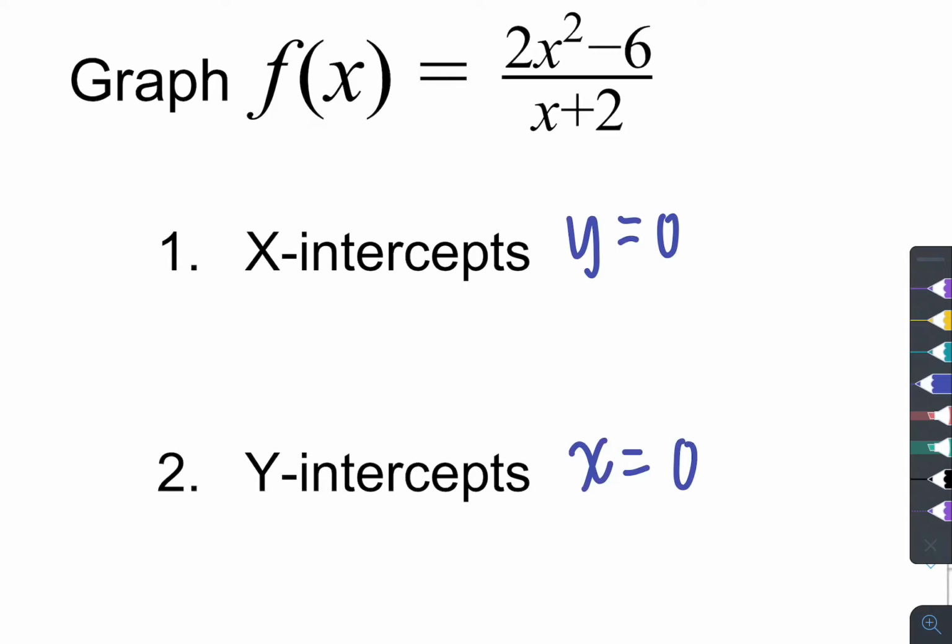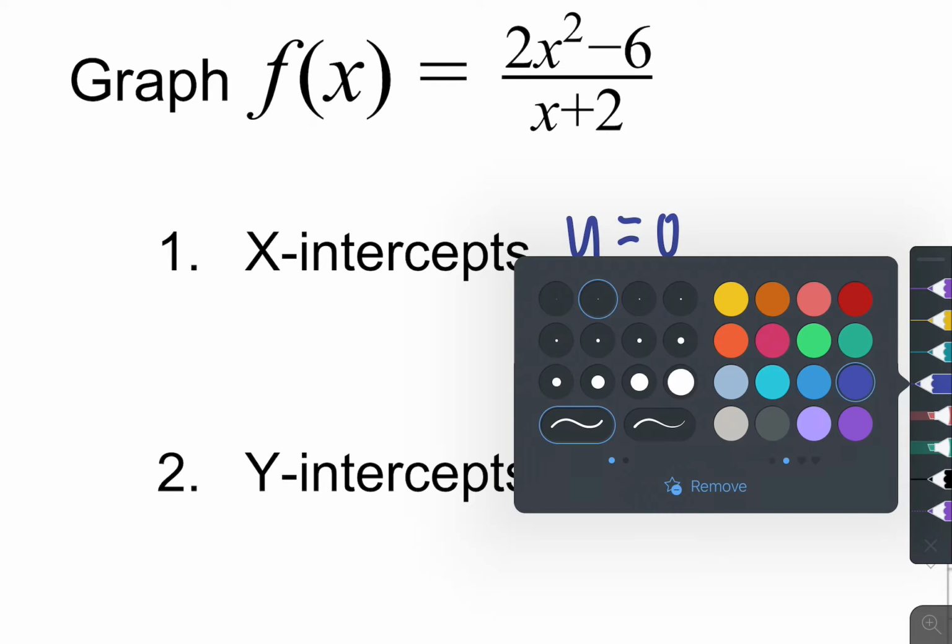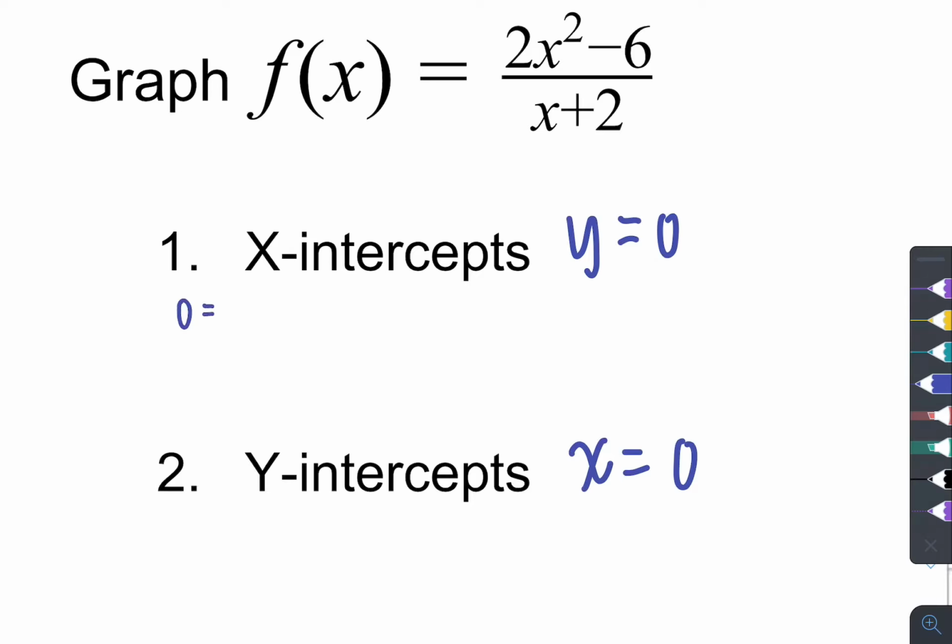So for our x-intercepts, we're going to have 0 equals 2x squared minus 6 over x plus 2. We're solving for x. Multiply both sides by x plus 2.